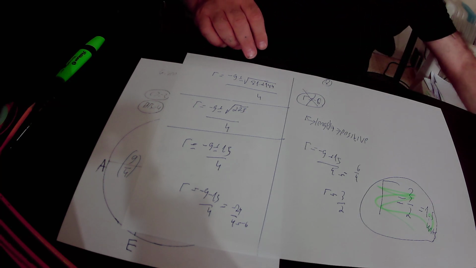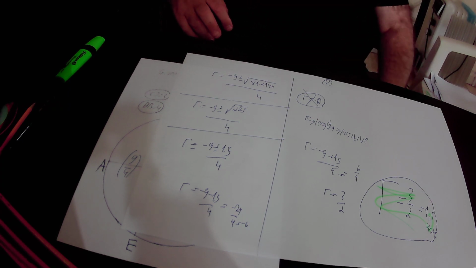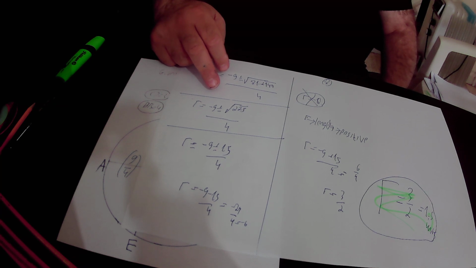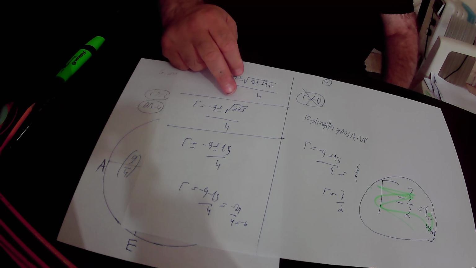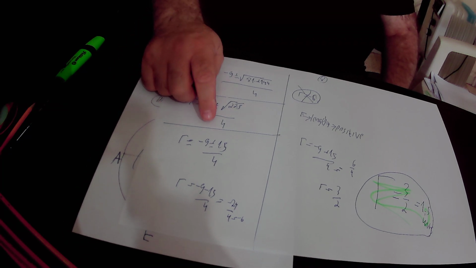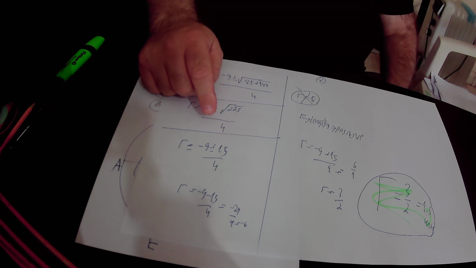And this 81 plus 144 is 225. So in conclusion, r equals minus 9 plus minus the square root of 225 over 4. So here r equals minus 9 plus minus the square root of 225, which is 15, all divided by 4.